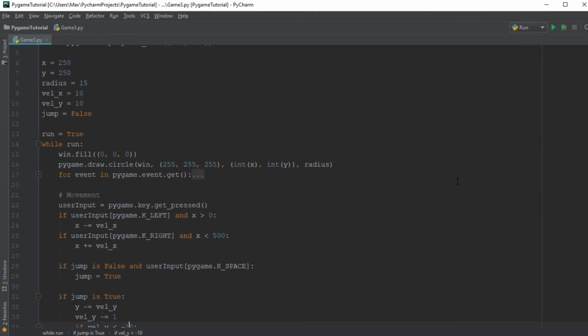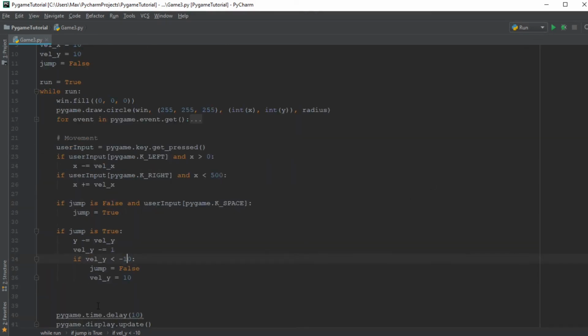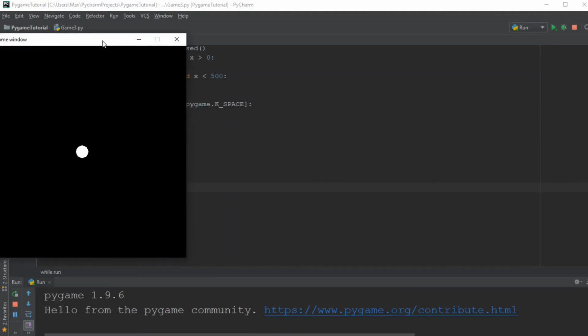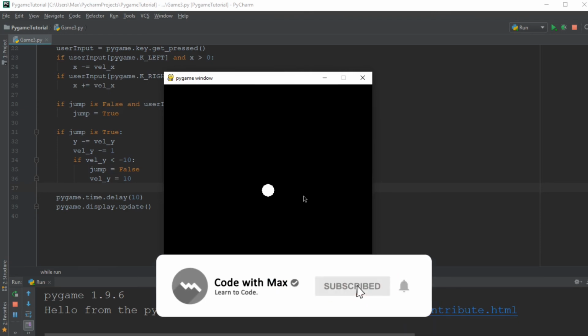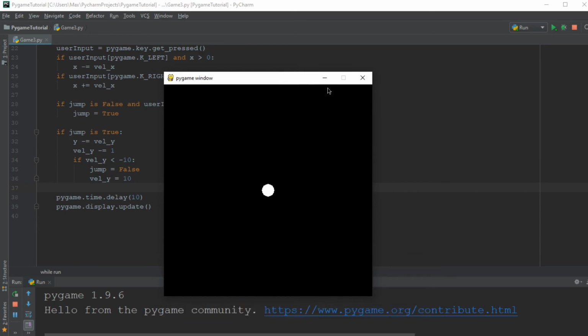So now you'll see that if I go ahead and run the code, it should work. Oh yeah, you'll see that right now when I'm pressing the space button, I get a small jump. Now, how could we make this jump a little bit bigger?